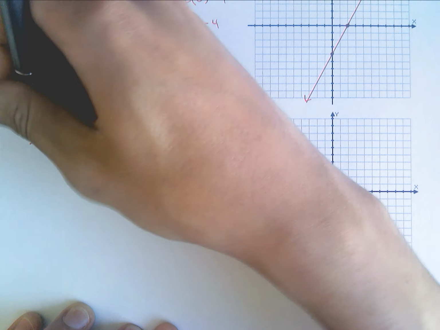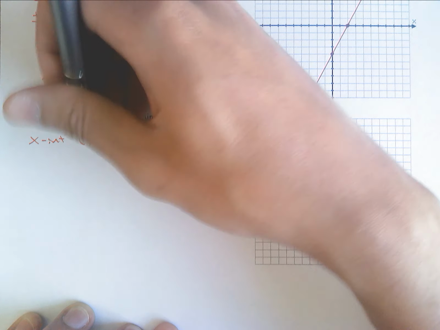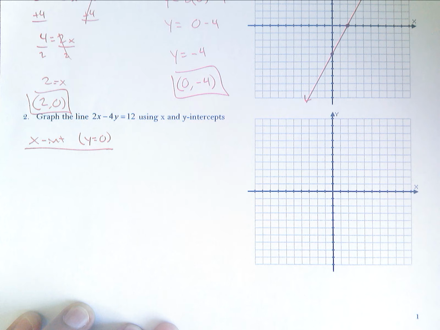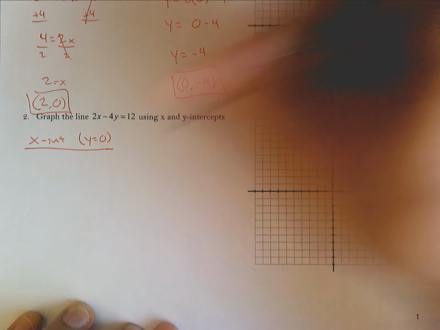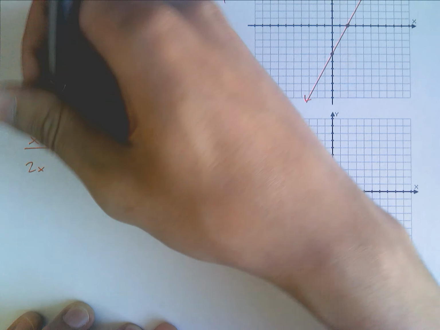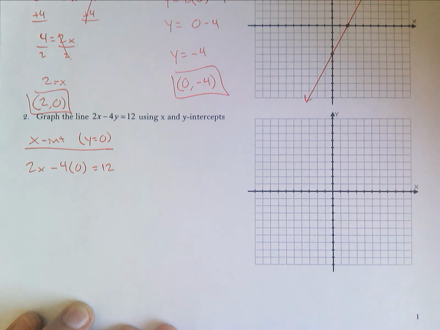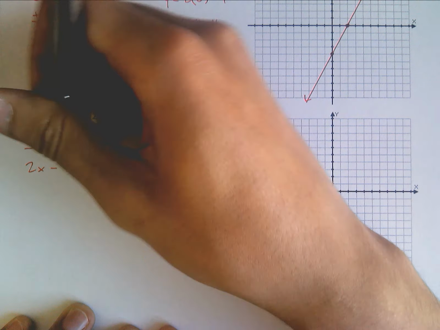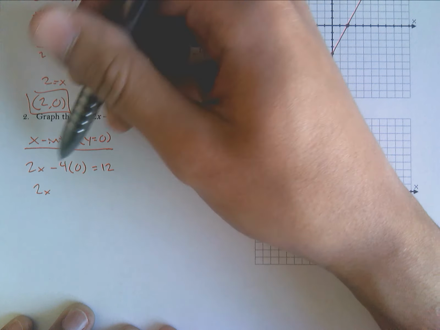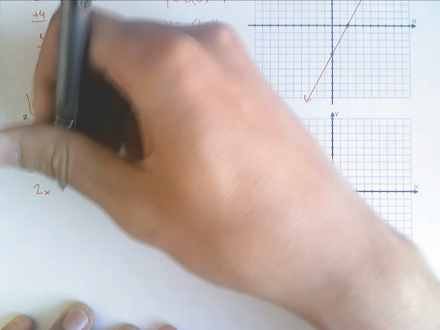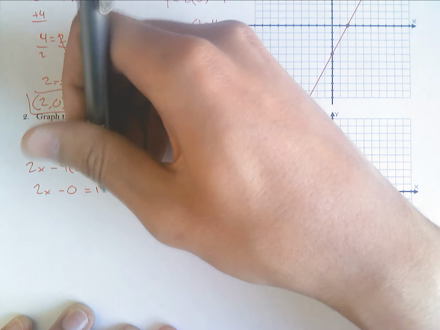To find the x-intercept, we set y equal to 0. So we're going to plug in 0 for y. So we have 2x minus 4 times 0 equals 12. And by the way, notice anytime I'm substituting, I'm using parentheses. To solve for x, we have 2x, and then negative 4 times 0 is 0, so we could say minus 0 equals 12.